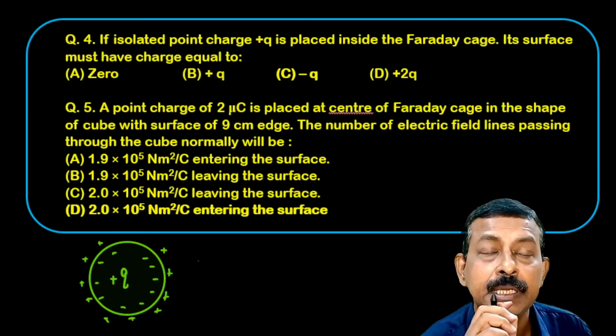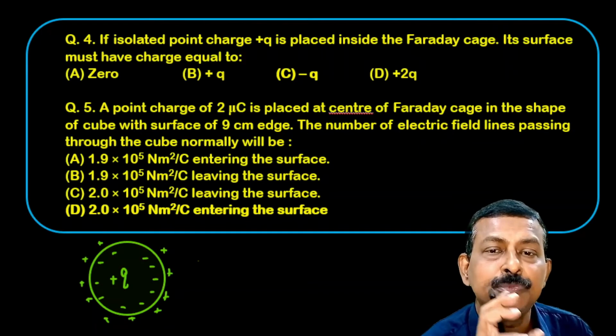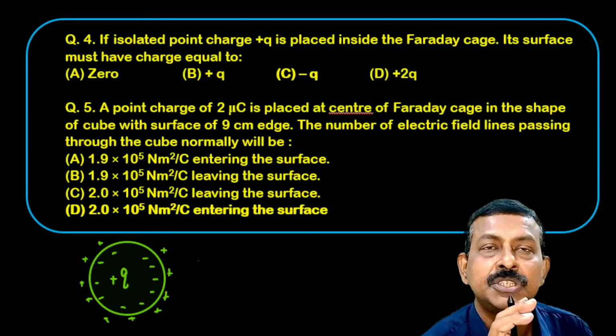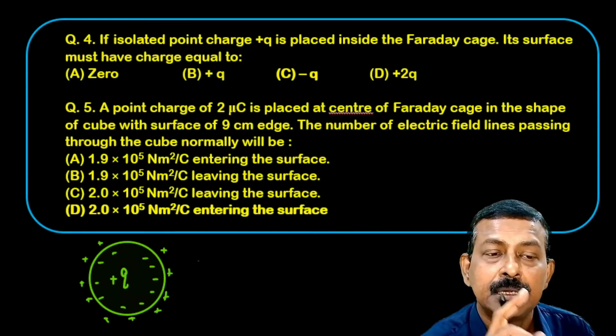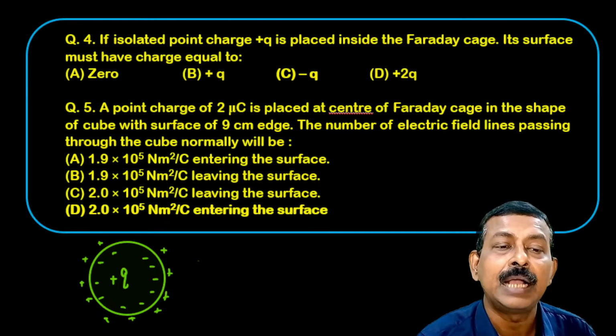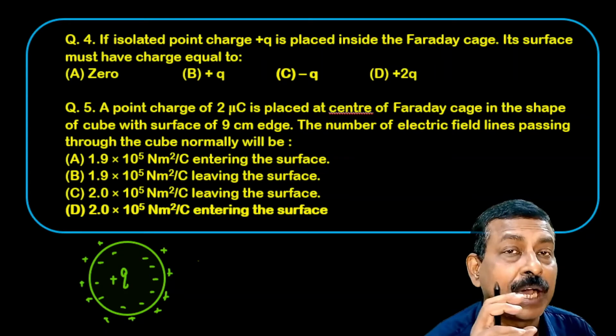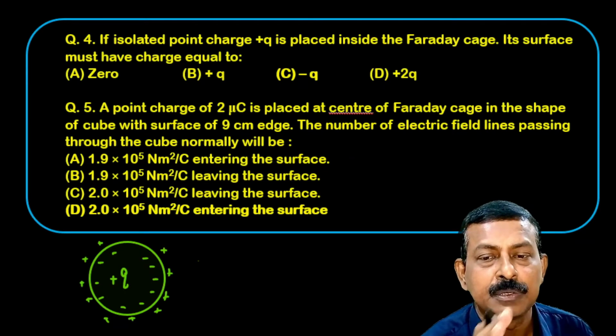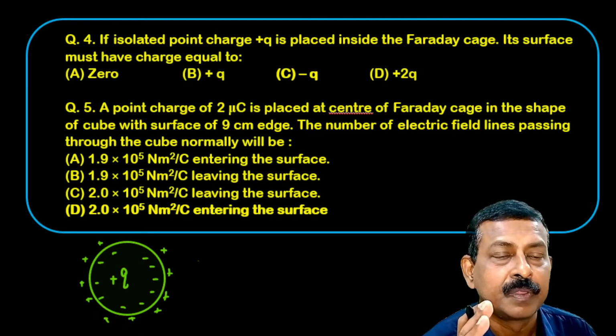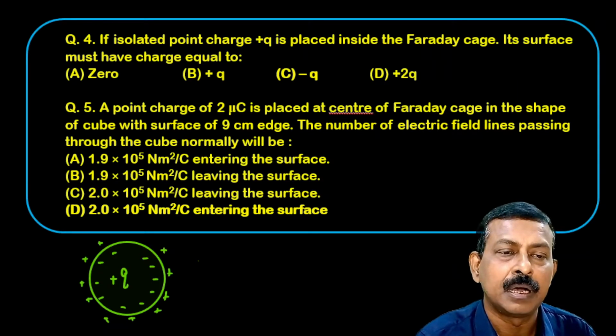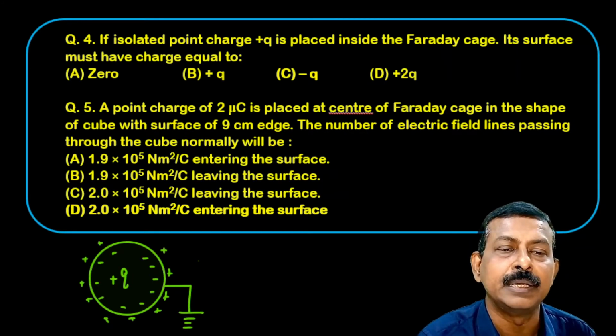Now, remember that if it is asked what is the charge on this Faraday cage, the net charge here is 0. But you know that as it is a Faraday cage, the charge on the outer surface will just be sent to the earth. So the outer surface will not have any charge, because if you earth them, all these charges will disappear from the outer surface.